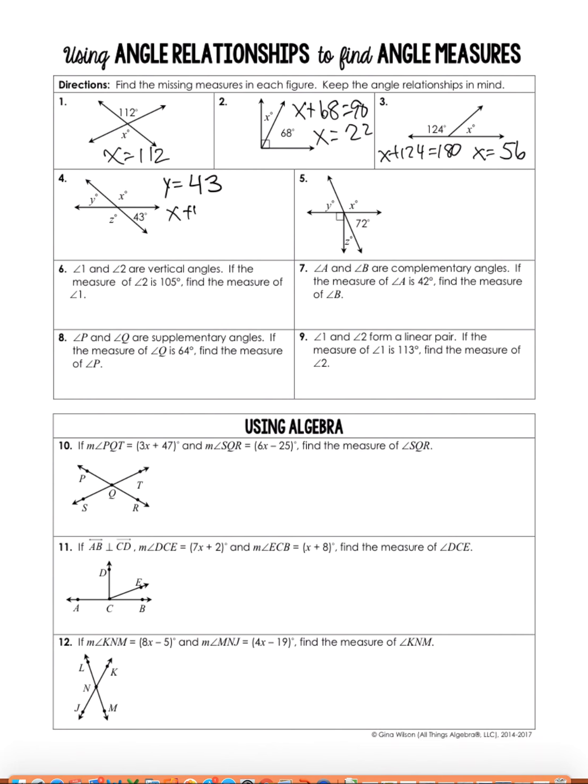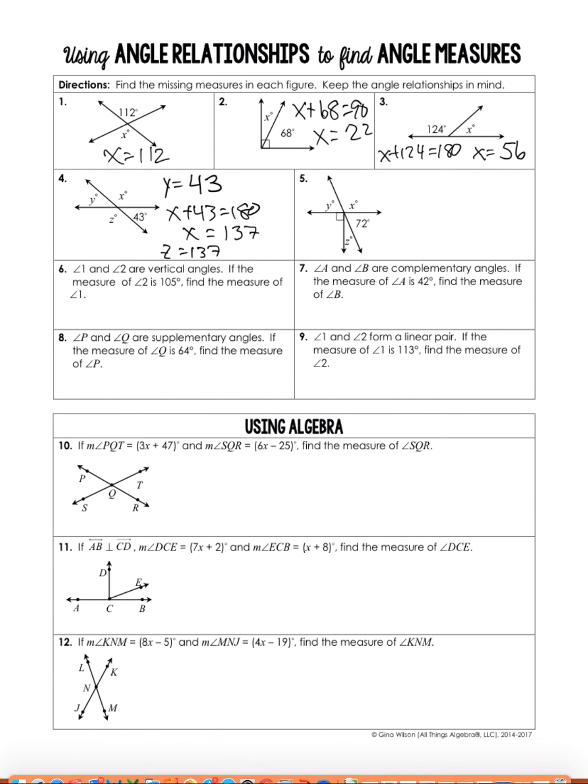X plus 43 equals 180. Subtract 43 from both sides, so x is 137. Then I can say, okay, x and z are across from each other, so they have to be equal. So z is also 137. So see how we're using all this vocabulary to be able to help us? That's why vocabulary is so important.